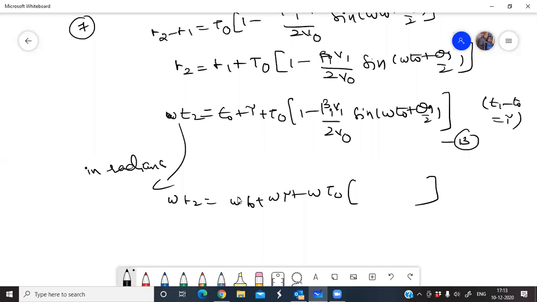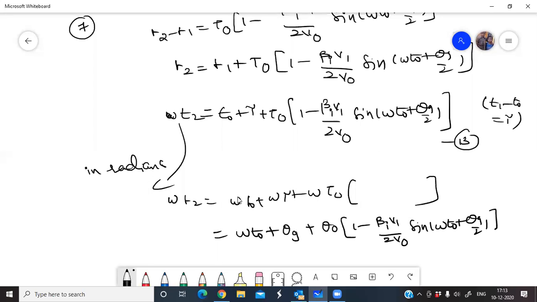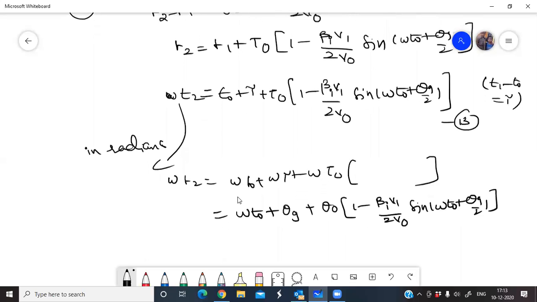Now from this I want to write omega T naught plus omega tau as theta z, and omega T naught as theta naught, in the 1 minus beta I V1 by 2 V naught sine omega T naught plus theta z by 2. Same notations you have to use. Don't get confused, that's why you have to follow starting from the first equation.